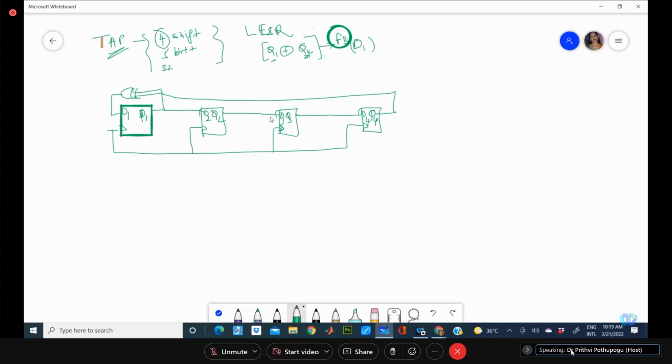So my question is, what is the type of feedback you are taking in? This is an XOR operation, which means modulo 2 addition.